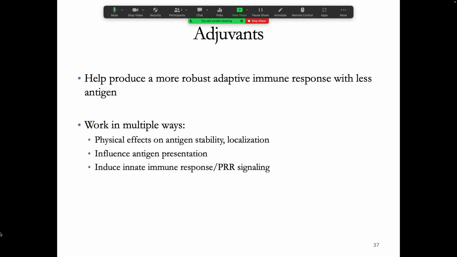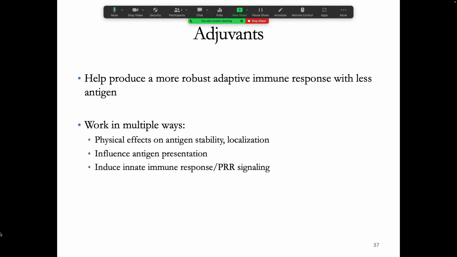There are different adjuvants that different vaccines use and that different vaccine developers think about. The basic idea of the adjuvant is something that you add along with the antigen to give you a more robust immune response with less antigen.